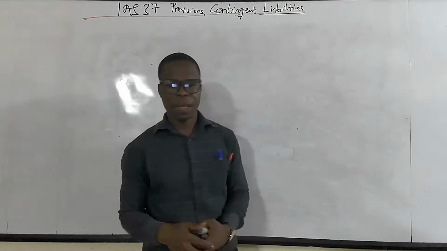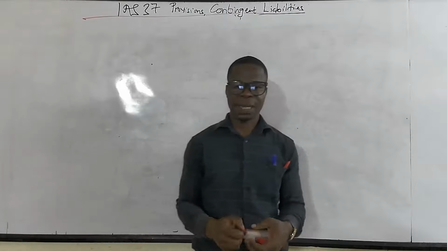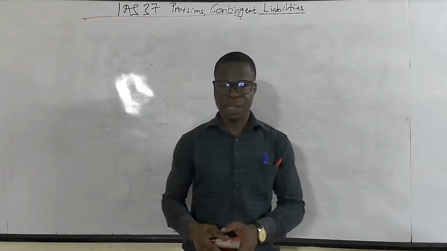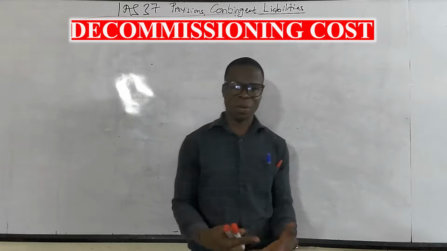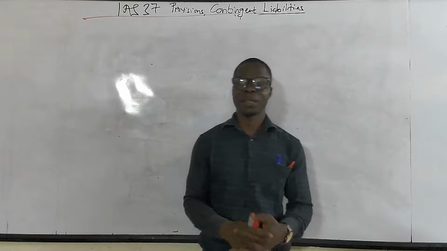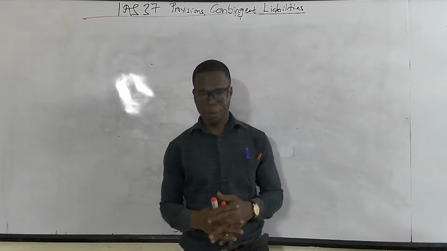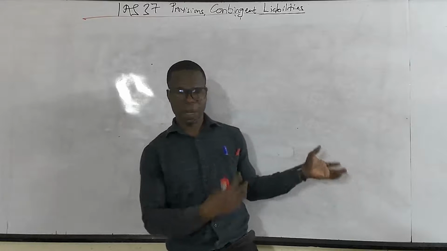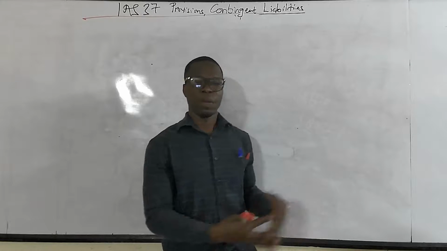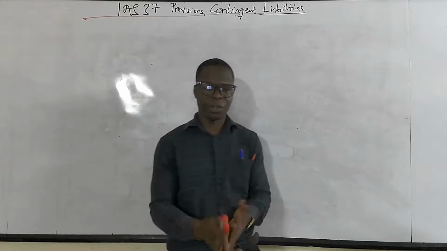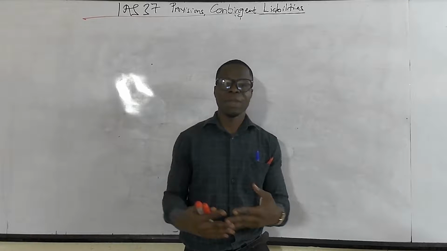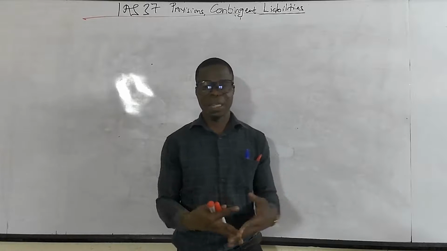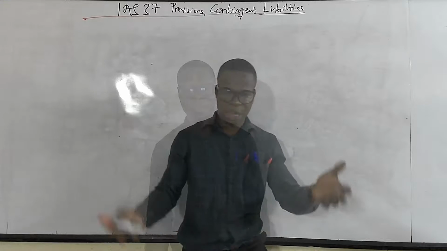Another key item that the standard gives explanation to is decommissioning costs. Decommissioning or dismantling cost has been accounted for under IAS 16, that is property, plant, and equipment. But the standard has also given a bit of explanation as to how we should account for a decommissioning cost. Sometimes, industries that undertake manufacturing pollute the land.